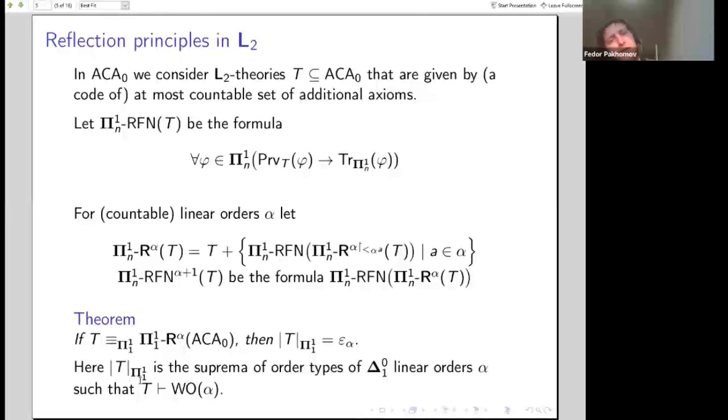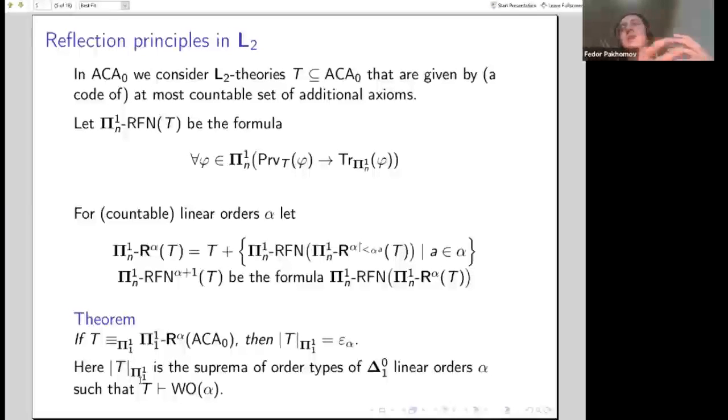So now basically we could consider these boldface L2 theories. In the course of this talk, we will consider just the case when these boldface L2 theories do have just countably many axioms.